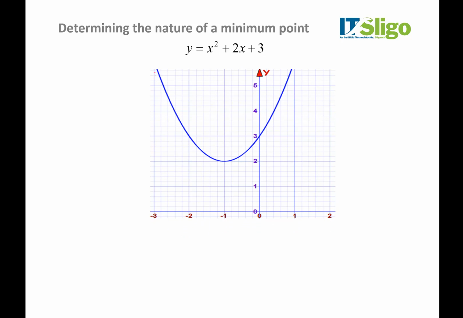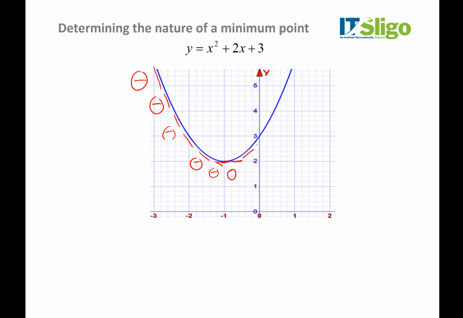So as we go from left to right, here the slope is very steep. The slope is negative as well. It's very negative. Now, as we move along the curve, the slope is still negative, but it's getting less and less negative. At the turning point, the slope is 0.